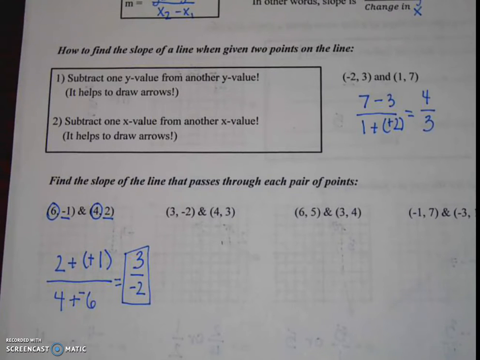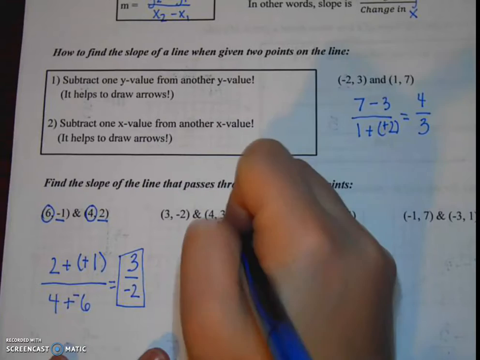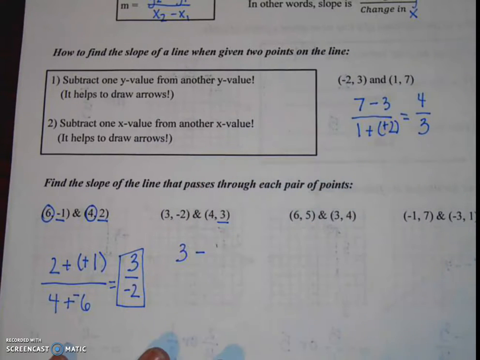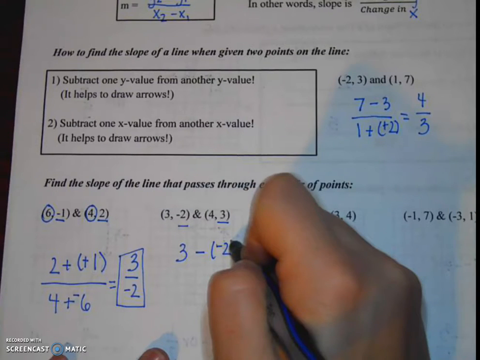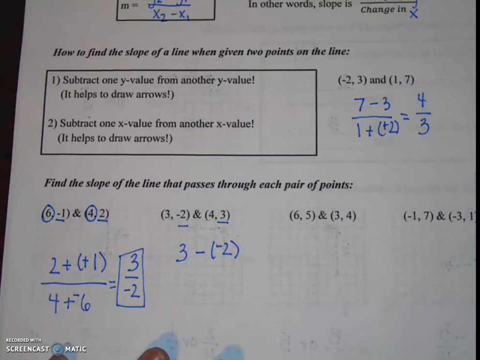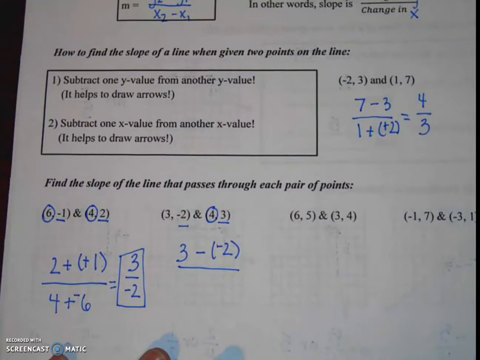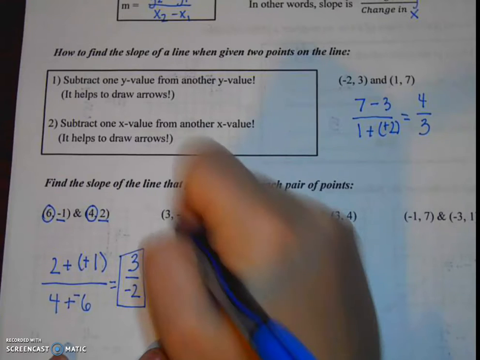Let's try it together one more time. So my next problem, my y2 is 3. And I have to subtract my y1, which is negative 2, and put that all over my x2, which is 4, minus my x1, which is 3.